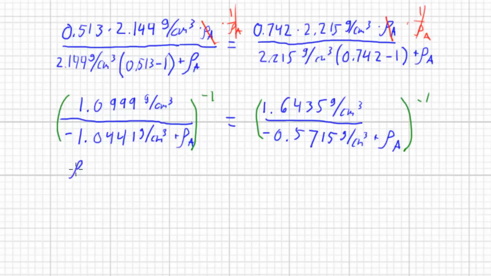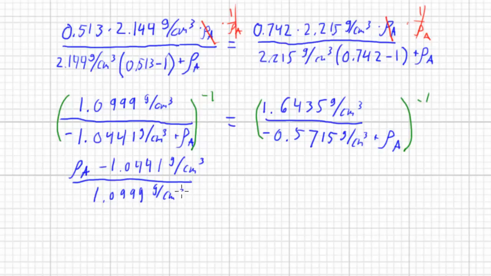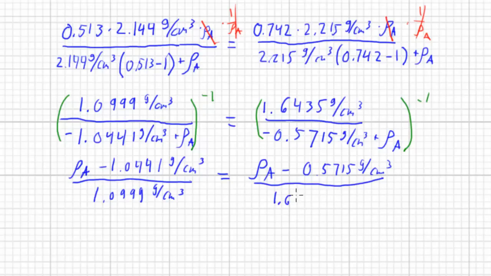So I have this minus 1.0441. So there's the denominator, and here's the former numerator.